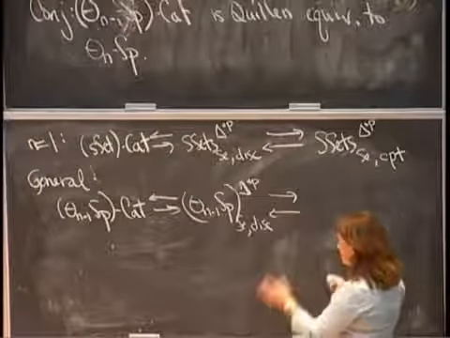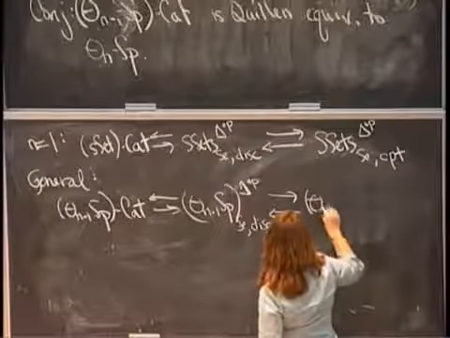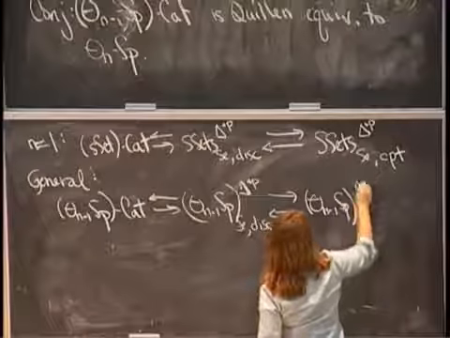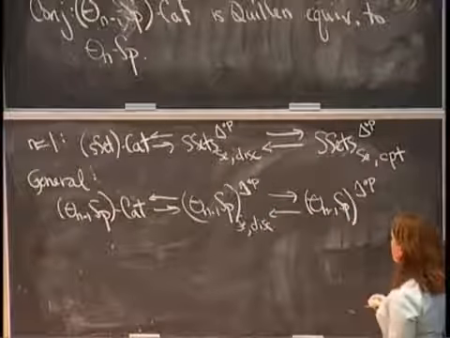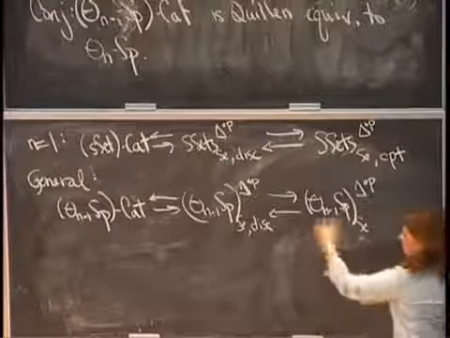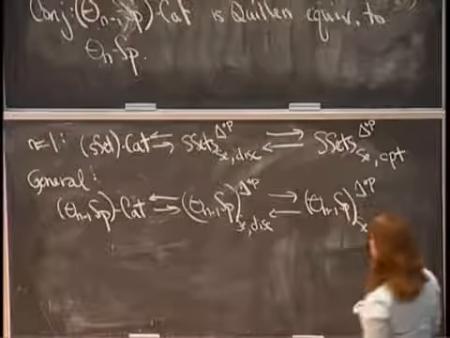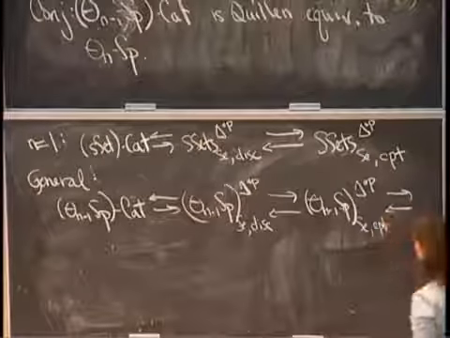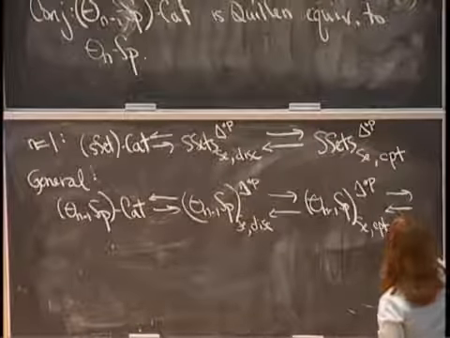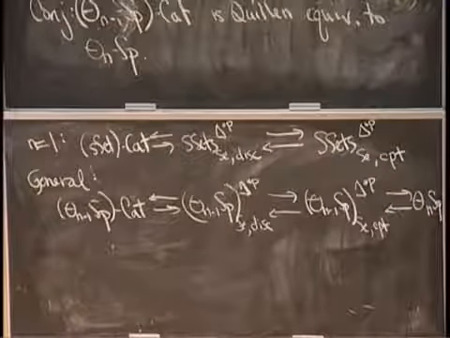Then I'm not going to be done quite yet. I'm now going to have functors from delta op into theta n minus 1 spaces. So they're like Segal category objects in theta n minus 1 spaces. This should be complete Segal objects. And then this should be equivalent to the theta n spaces.